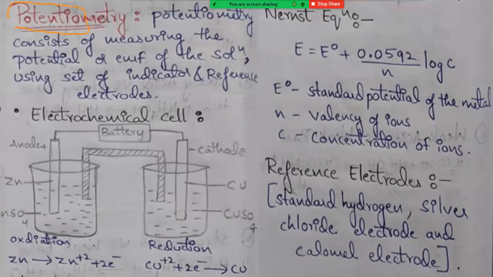How can we measure these potential values? We can measure them by the Nernst equation. This is the Nernst equation. By this equation, we can measure the potential values of the solution, right?